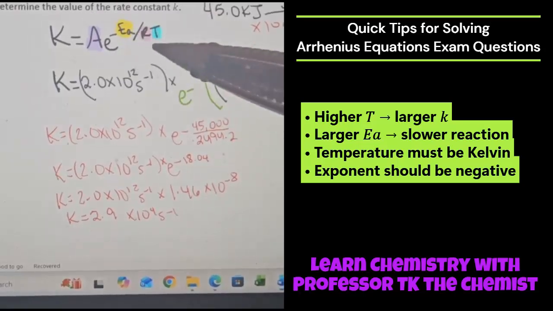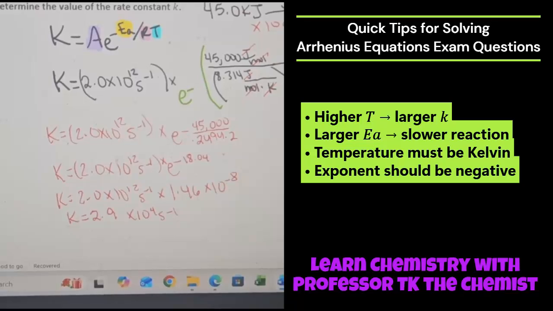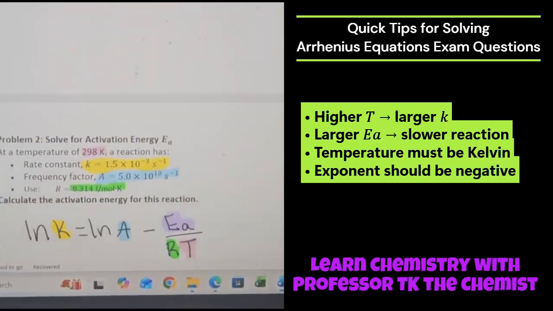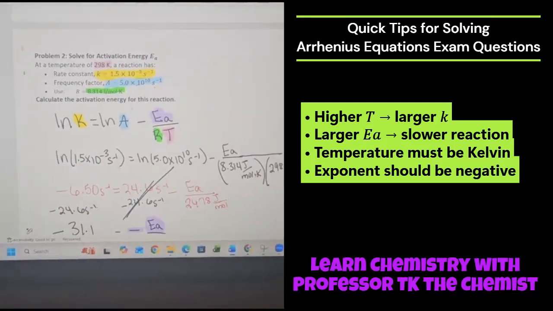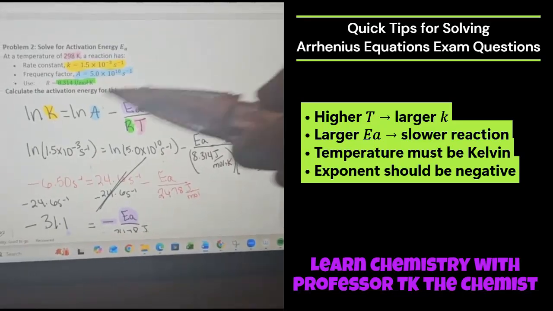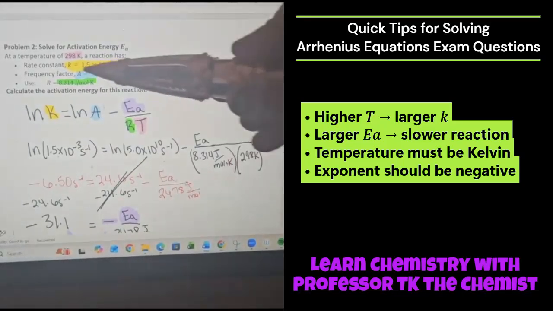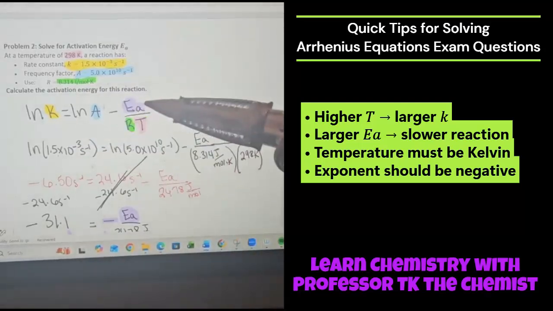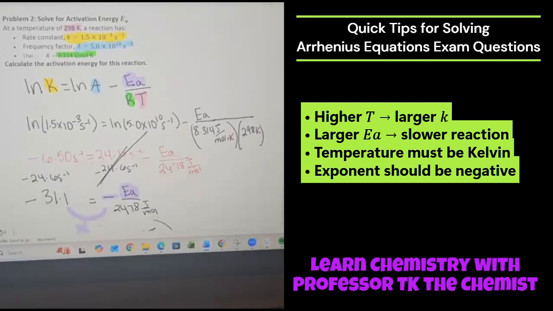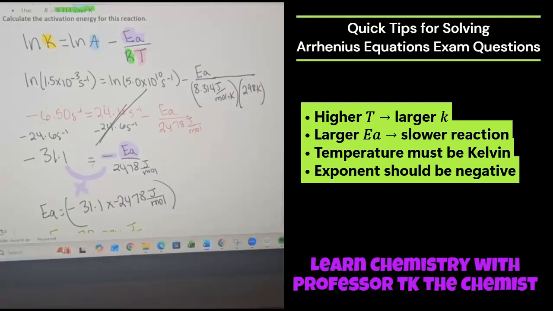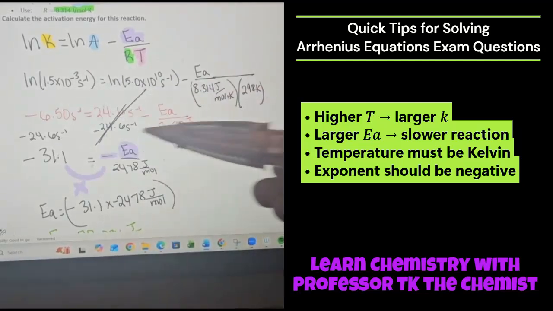Color code everything that's given so that you'll know what you're looking for. Practice writing these formulas out so that you'll know what to plug in where, okay? Practice writing the formula out, read the problem, and start to plug in the numbers where they need to go. And let me tell you, sometimes you may end up catching your mistakes, but if you go back and write everything out, you'll know where the mistakes were once you do every part of the problem.